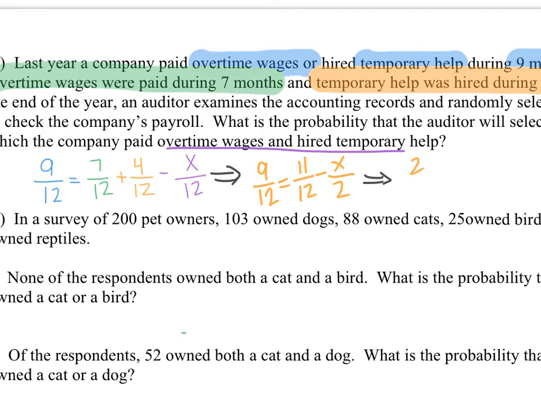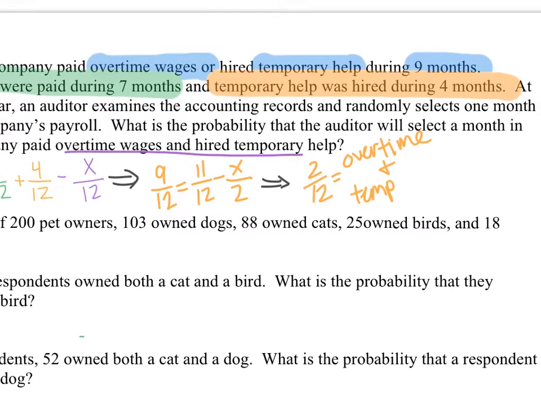So 2 out of the 12 equals overtime and temporary help. So 2 divided by 12 reduces to 1/6, which is about a 17% chance that auditor is going to select a month where they were paying overtime wages and paying the temporary help.